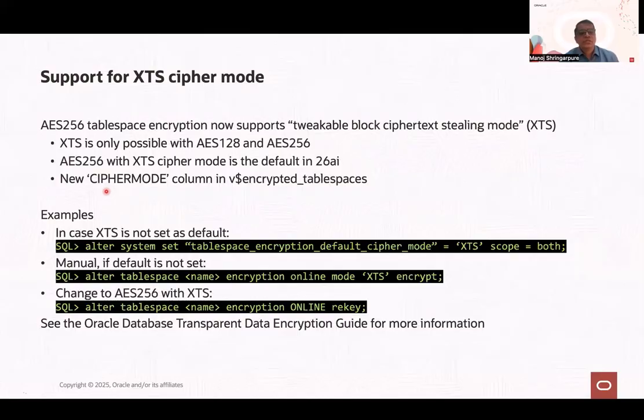This is a different way of encrypting your data blocks compared to the cipher block chaining mode which is currently there. This is an example, but you need a 26 AI environment where you can set the default cipher mode, and then in a similar fashion, say encrypt using this mode. This is going to be the default mode going ahead, and you can look at the documentation if you need any more details.